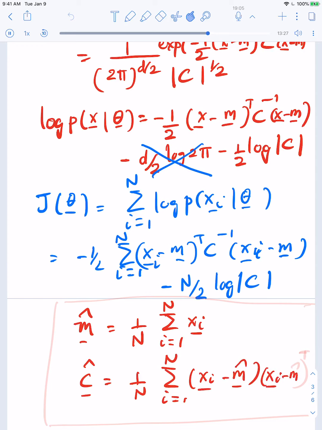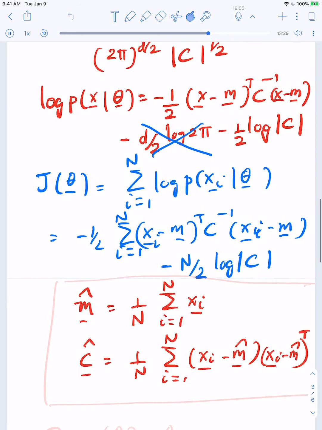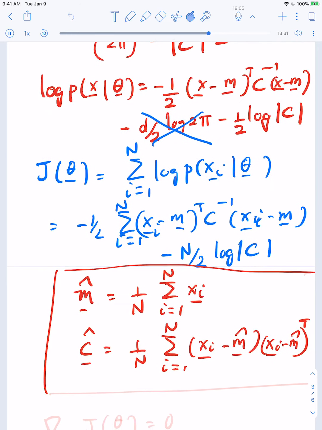So that's our building block. That's what we'll use to handle the estimation of parameters for a Gaussian mixture model. Now we can talk briefly about how this comes about.